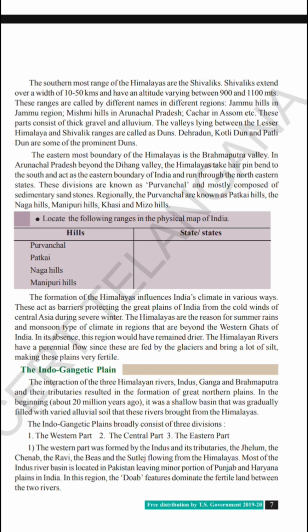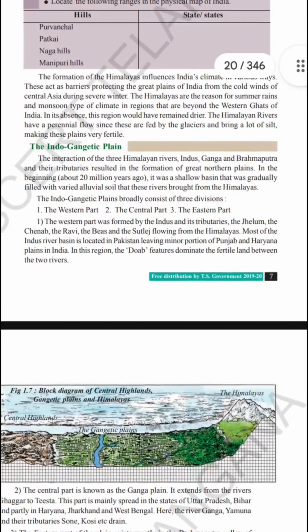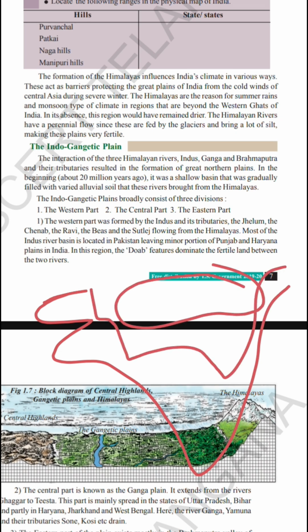Now coming to the next part, which is about Indo-Gangetic Plains. This is the important part of the lesson. As I told you, when the Indian landmass is formed, around here, it is the form of a basin. Yeah, the basin exactly, or the sink also we call.